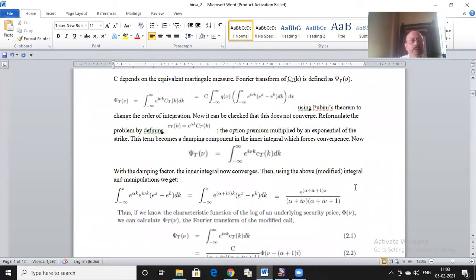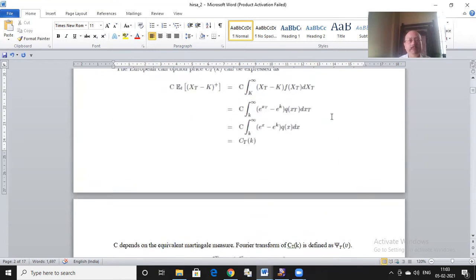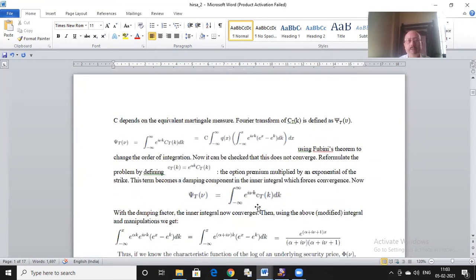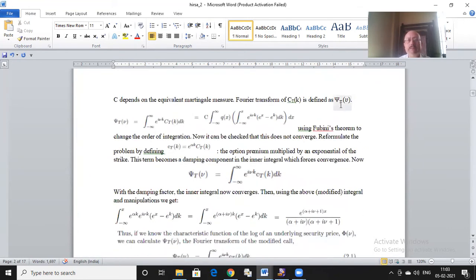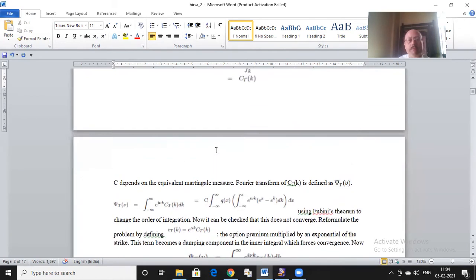Okay. So as I said, C depends on the equivalent martingale measure, discounting and other things. The Fourier transform of C_T(k), this expression, is defined as psi_T(nu). So psi_T(nu) is the integral of e to the power i nu k C_T(k) dk. Now I can insert the expression for C_T(k) because C_T(k) itself is an integral like this.